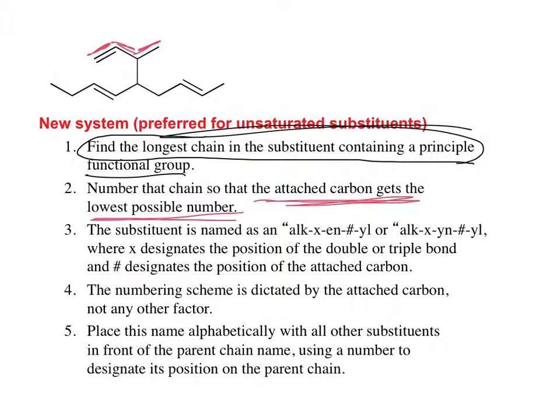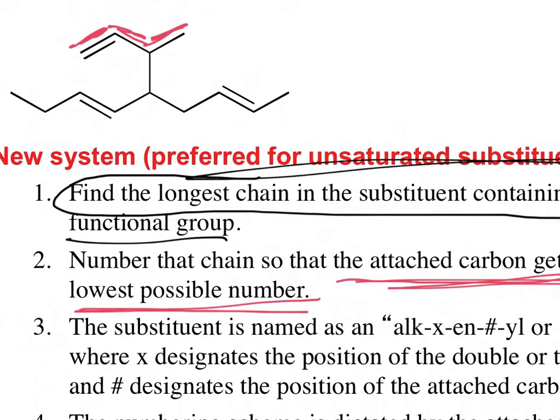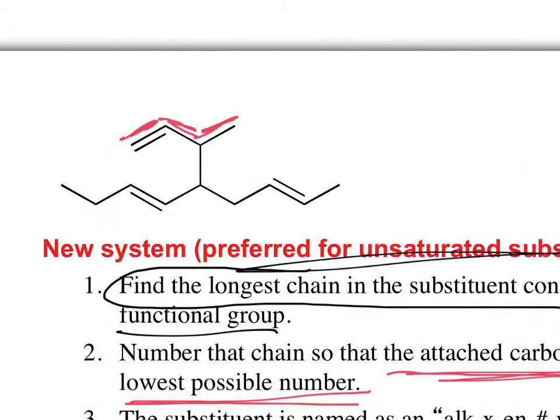And so how we're going to number this thing is, let's expand it out a little bit. We'll number it 1, 2, 3, 4. Notice the double bond did not dictate the numbering. It's the point of attachment that dictates the numbering, gets the lowest number.